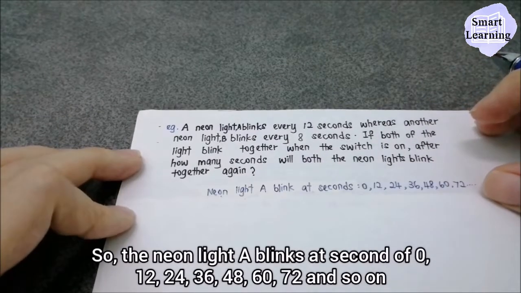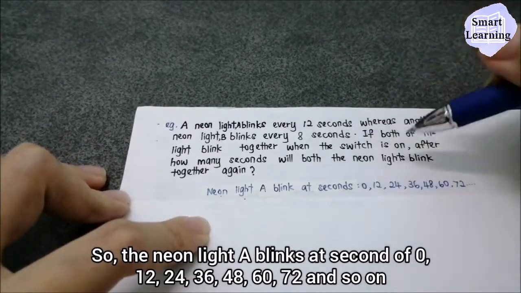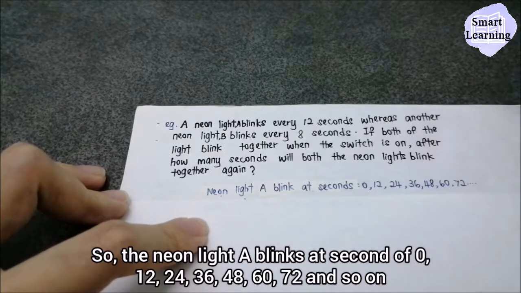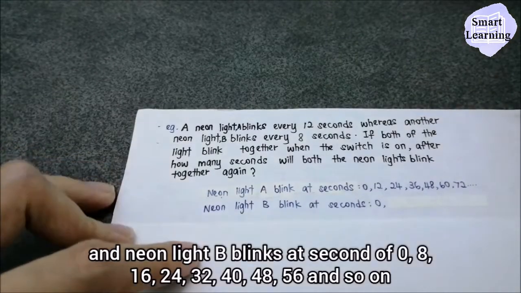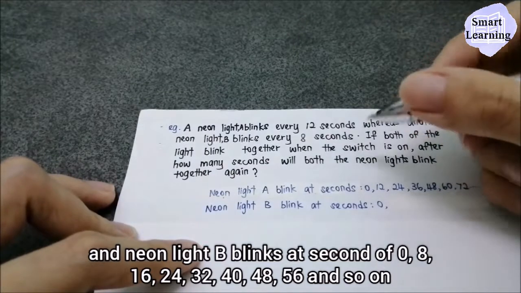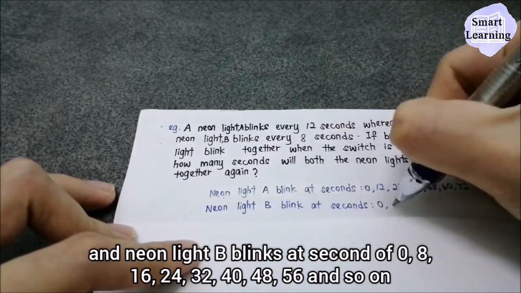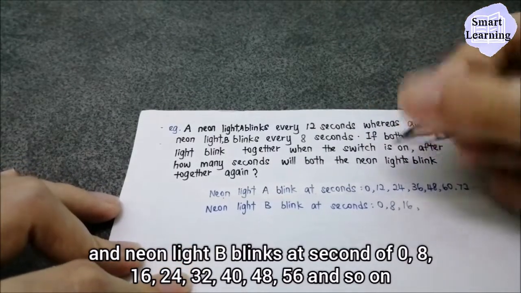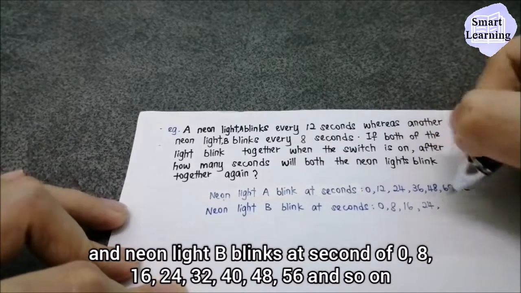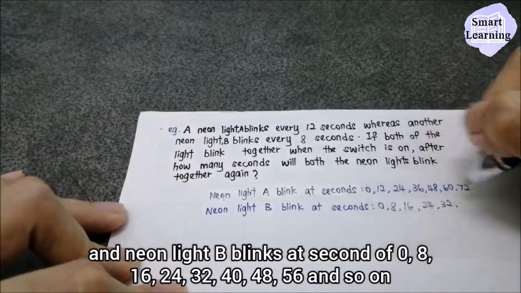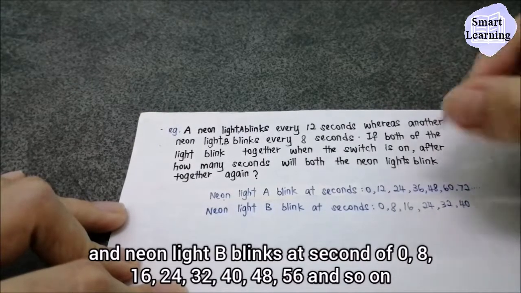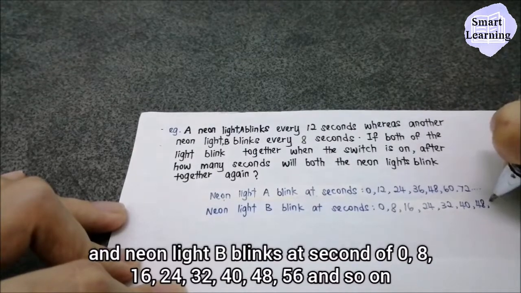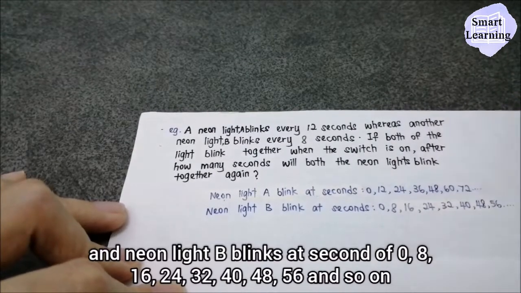So neon light A blinks at 0, 12, 24, 36, 48, 60, 72, and so on. And neon light B blinks at the seconds 0, 8, 16, 24, 32, 40, 48, 56, and so on.